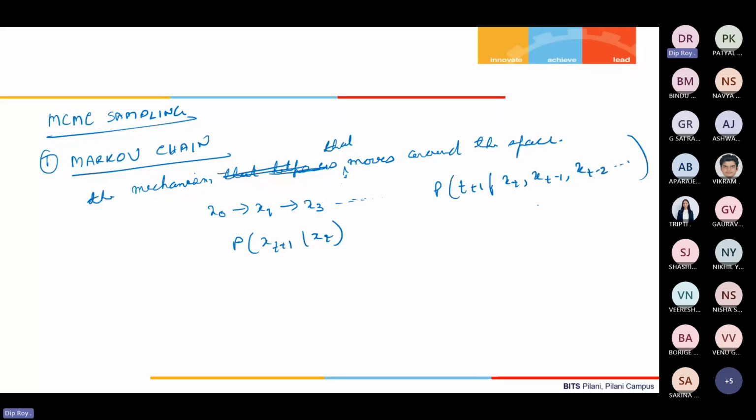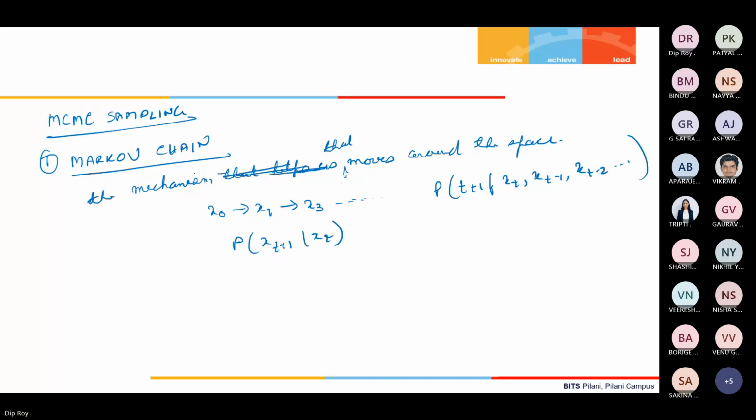No, we don't do this. The Markov chain says that the next state depends on the current state. The memory is just one state prior. This is a first-order Markov chain, and there are second- and third-order chains as well, but when we say Markov chain, we typically mean first-order.